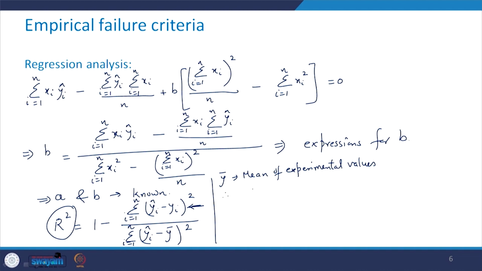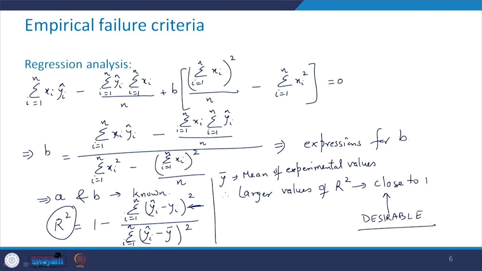Therefore, larger values of R square, what does that mean? That it will be close to 1. This is what is desirable, because ultimately we want this numerator to be minimum, and accordingly we have defined this R square.